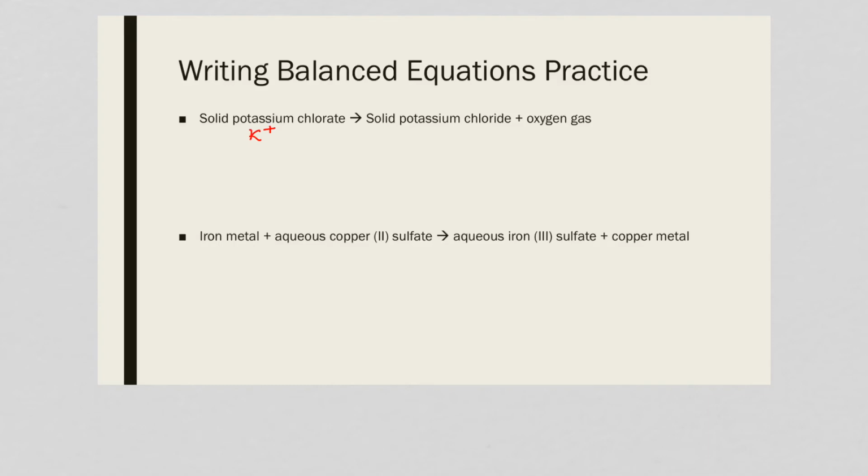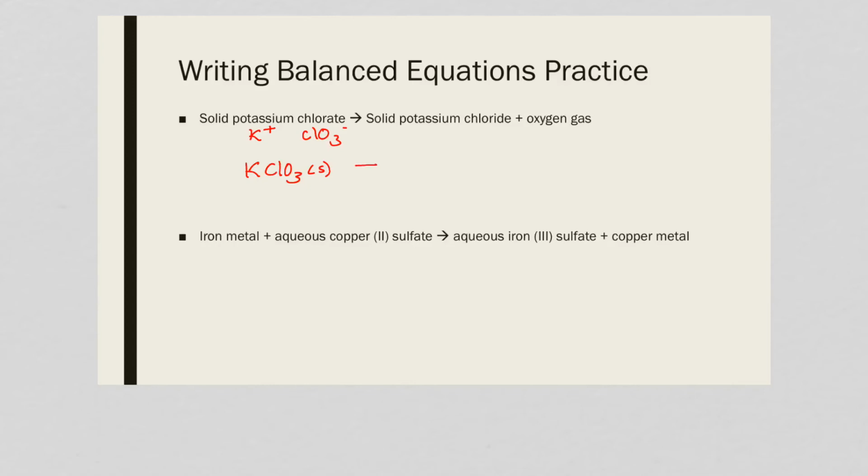The chlorate polyatomic ion is ClO3 with a minus 1 charge. So to write this compound, we have to balance our charges, so 1 and 1. So it's going to be KClO3, and we were told that it's a solid. So solid potassium chlorate.